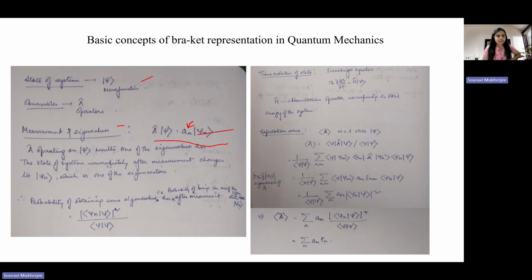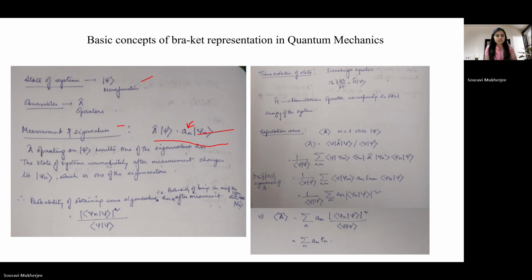So the probability of obtaining some eigenvalue is given as the inner product of psi n and psi, whole square, normalized with psi. Okay, these are the different inner products, how you define the probability, how you define the expectation value, and so on.